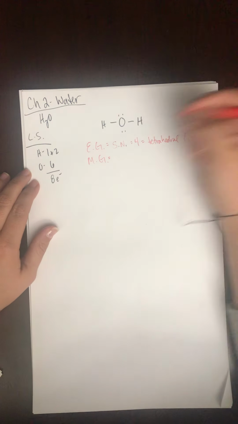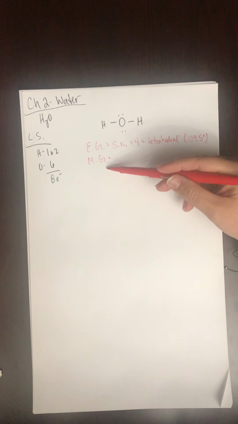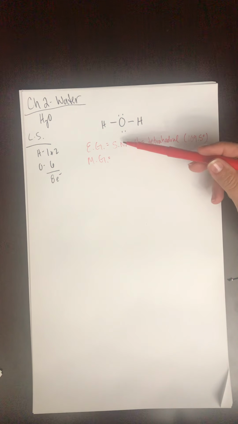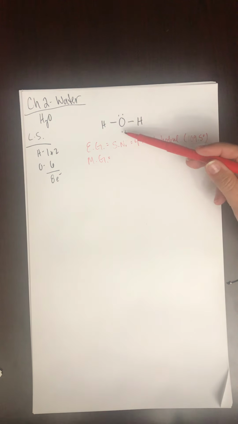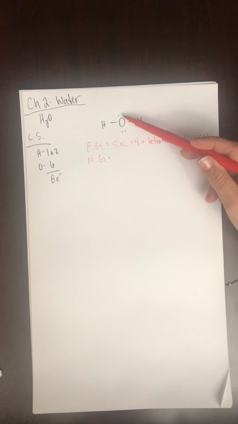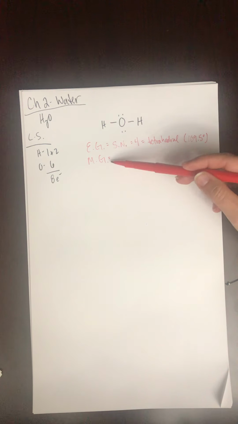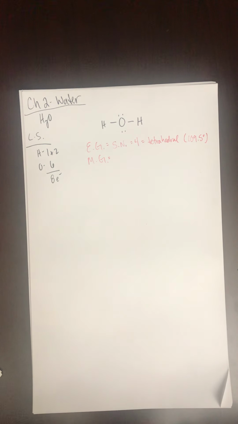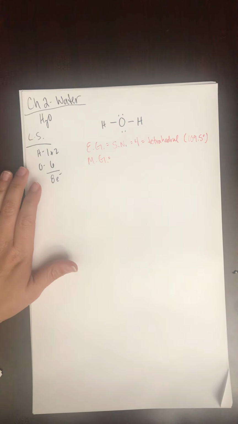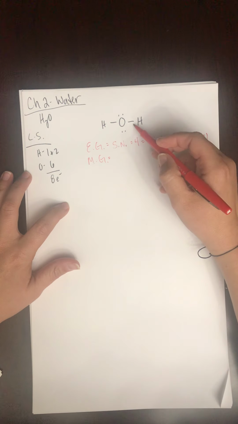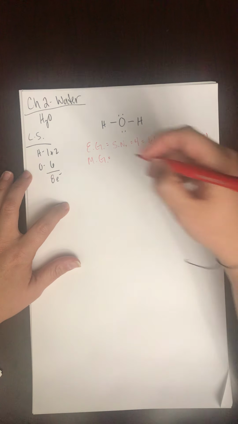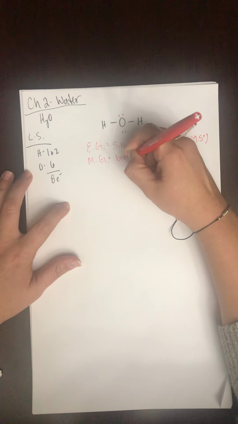Remember, the difference between electron geometry and molecular geometry is that electron geometry just cares about the regions of electrons. It doesn't care if that region is a bond or a lone pair of electrons. The molecular geometry does care. So the molecular geometry of water, because there are 2 bonds and 2 lone pairs, is going to be bent.